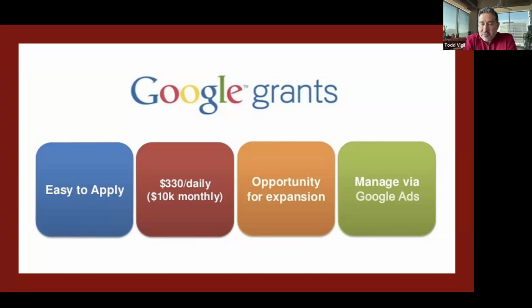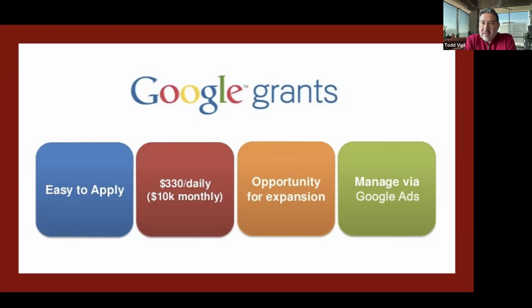So for those of you who don't know about it, the Google Grant is a program that's been around for over 21 years. It was launched in 2003 by Google, and they give most nonprofits up to $10,000 a month in free advertising. There's a few exceptions, which we can get into in the questions and answers.